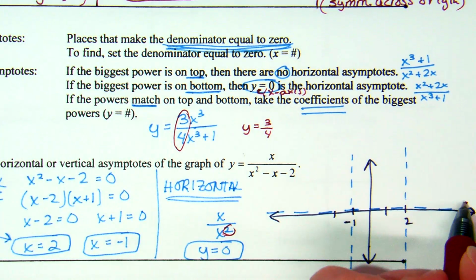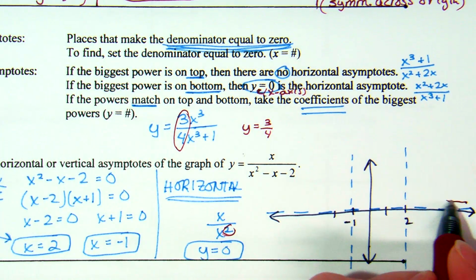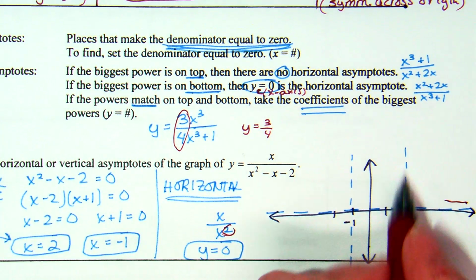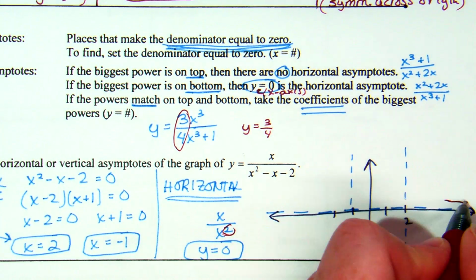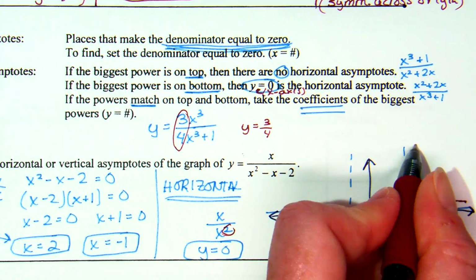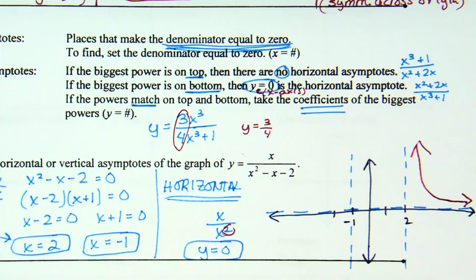Well, as my graph is running along this horizontal axis, what's it going to have to do when it gets here to this vertical axis? It's going to have to turn and go where? Up. So right there is the first part of my graph.